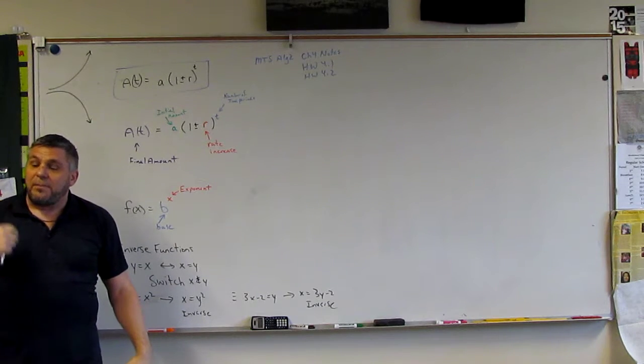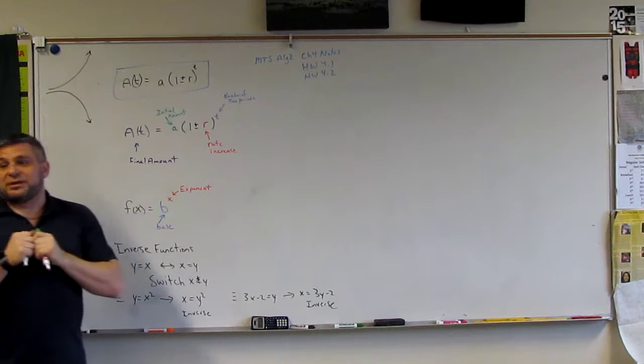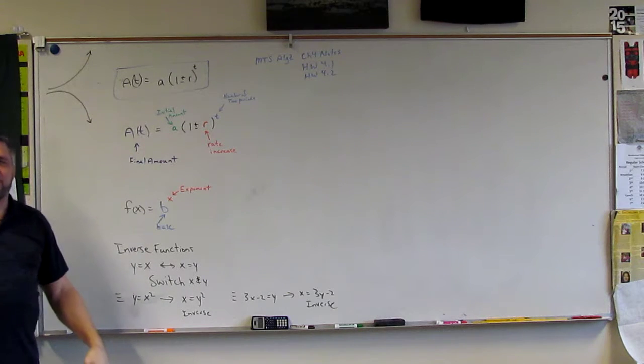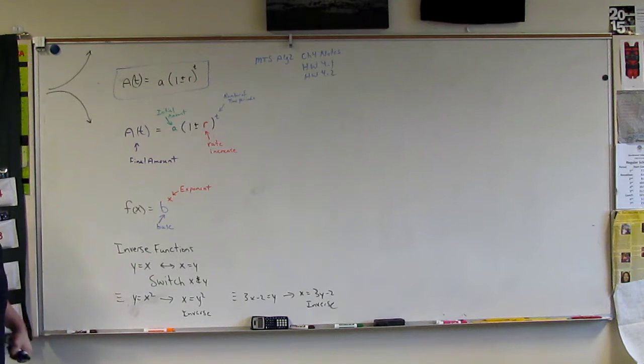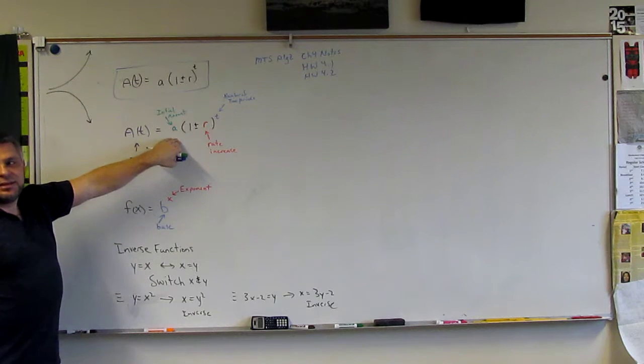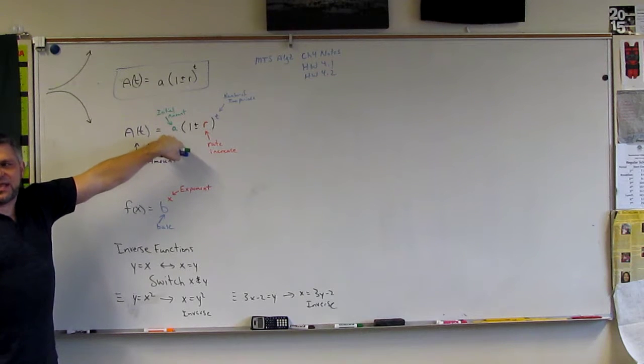Compound interest means that there are time periods, which we'll talk about. With compound interest, we get another equation that's similar to this, but a little bit different. But this is a basic exponential growth, exponential decay function.